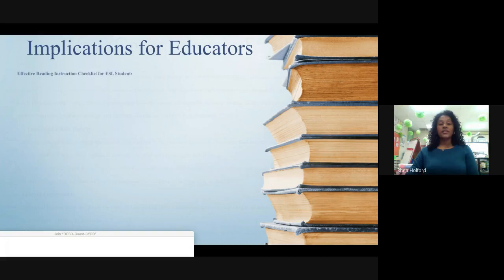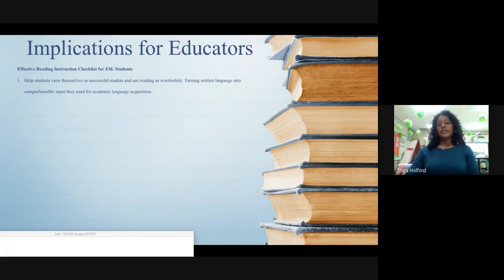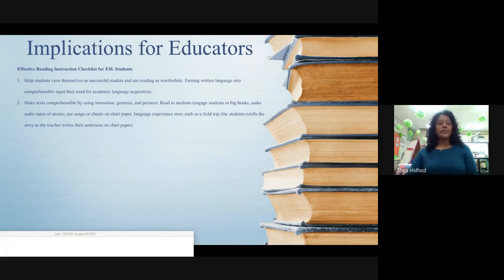Implications for educators. So, effective reading instruction checklist for ESL students. Help students view themselves as successful readers and see reading as worthwhile, turning written language into comprehensible input they need for academic language acquisition. Make text comprehensible by using intonation, gestures, pictures.